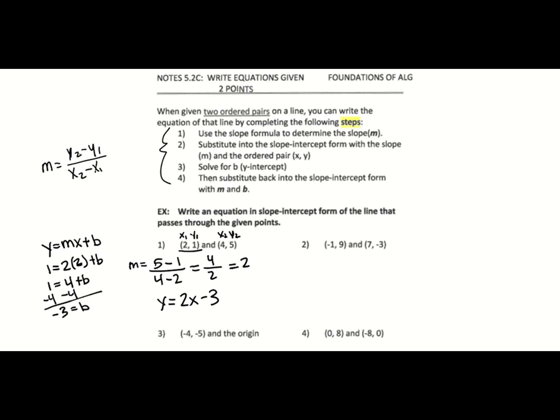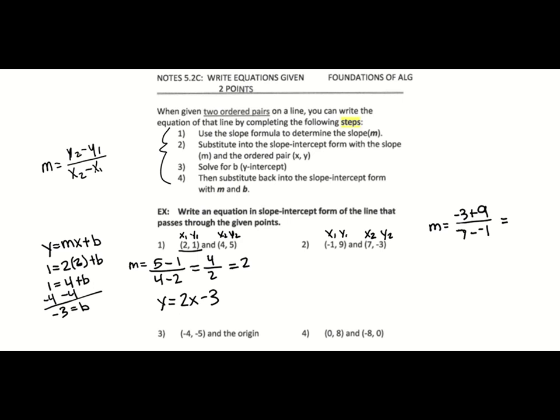Okay, so we're going to do the same thing for number 2. We have x1, y1, x2, y2. Now if we find the slope, we get m equals negative 3 minus 9 over 7 minus negative 1.